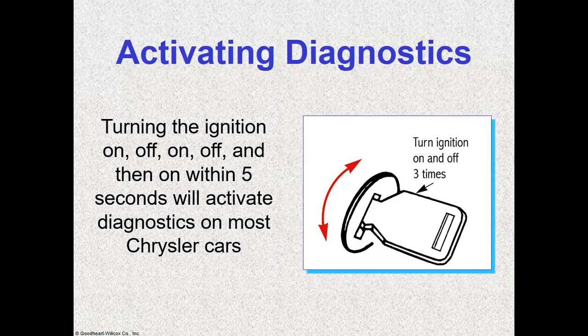Once you do that on-off-on combination within 5 seconds, it will go into diagnostic mode. So the Chrysler does not require any jumper harness, jumper wire, or bridging of pins.